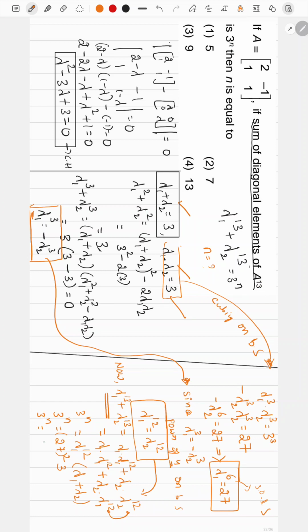So 3 power n is equal to, you can write 27 as 3 cube, whole square into 3. The total is equal to 3 power 7, since 6 plus 1 is 7. Since bases are equal, powers must be equal, so n is equal to 7. 7 is the correct answer for this particular question.